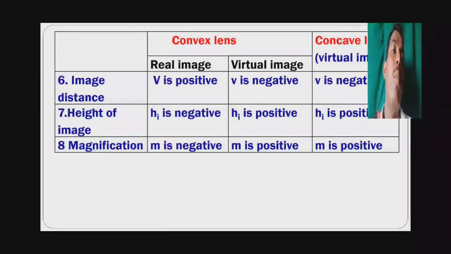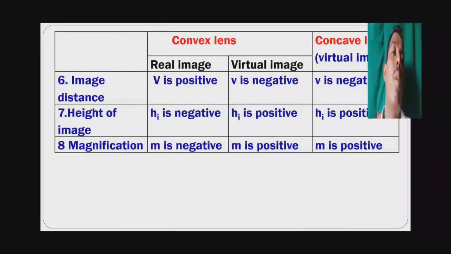For a virtual image, distance is negative because it is measured opposite to the direction of incident light. For the height of the image, as you already know, a real image is always formed downwards to the principal axis, that's why the height of the image is negative. A virtual image is always formed above the principal axis, that's why the height of the image is positive.